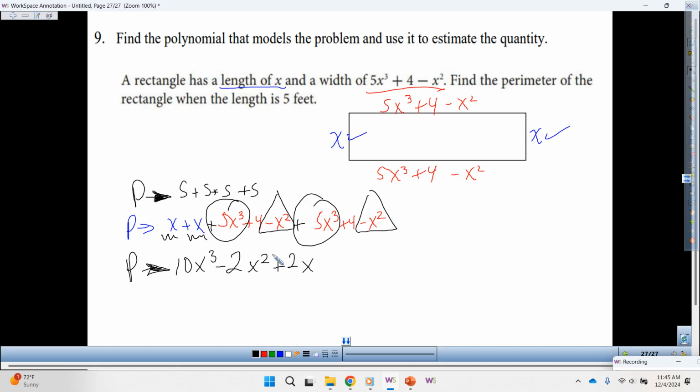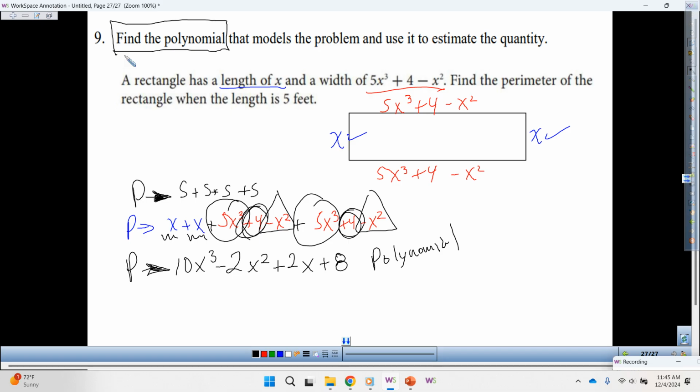And last but not least, we got positive 4 and positive 4. That's positive 8. And then you're going to label this polynomial. So that's the first part that they want us to find. Find the polynomial. There it is.